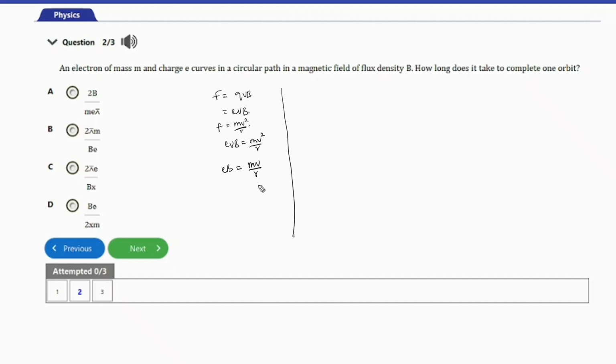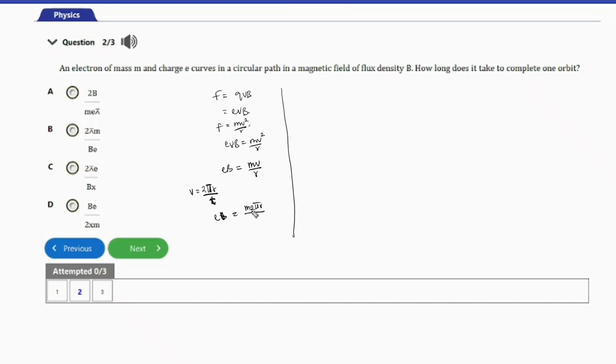But let's take note that the distance it will take to cover this circular path is 2 pi r. And since velocity is the distance or displacement over time, we can replace v as 2 pi r over t.